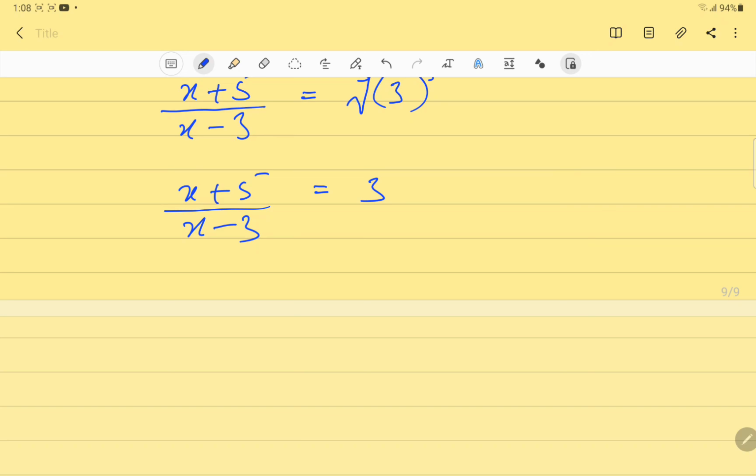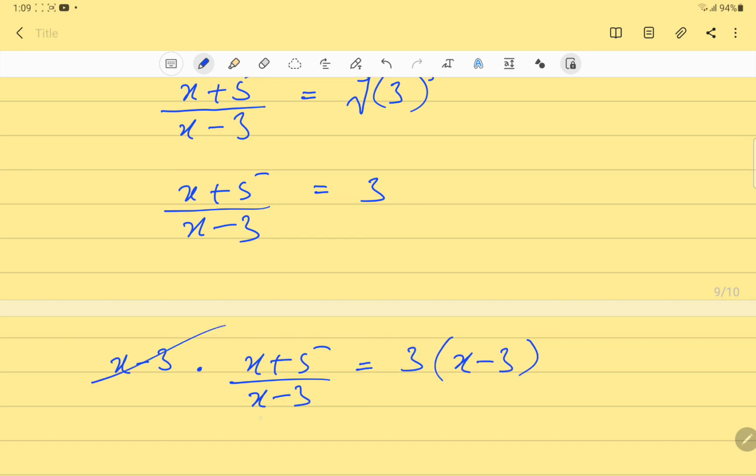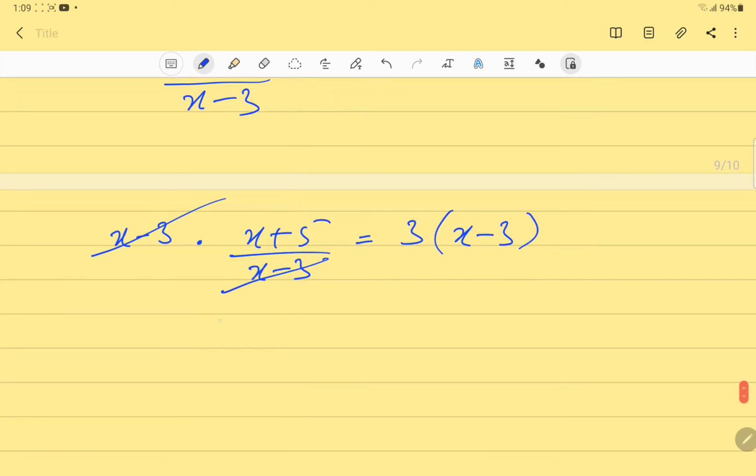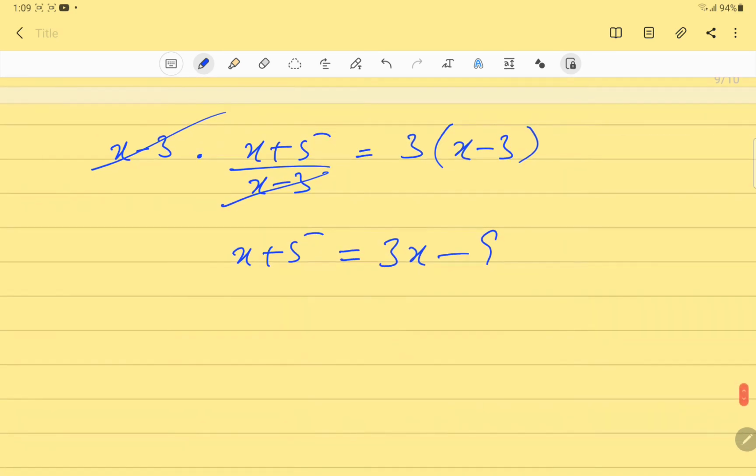Now we will cross multiply, or we can say we will multiply both sides with x minus 3. x minus 3 multiplied by (x plus 5 over x minus 3) is equal to 3 into (x minus 3). This x minus 3 cancels with x minus 3. So x plus 5 is equal to 3x minus 9.